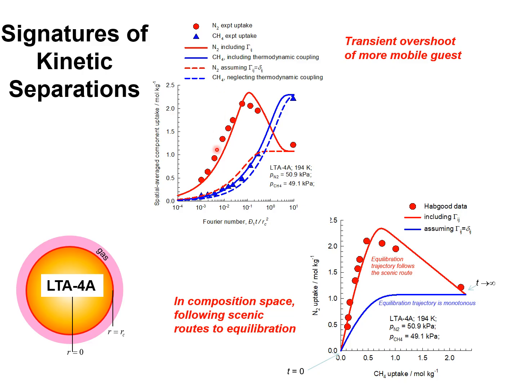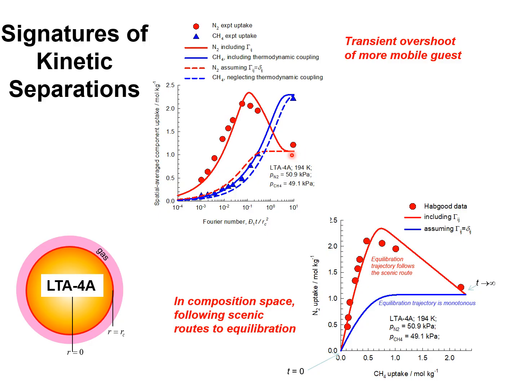We note that there is good agreement between the experimental data of Habgood and the simulations in which gamma ij is properly accounted for. On the other hand, if gamma ij is taken to be the Kronecker delta, in other words, the thermodynamic correction factor matrix is taken to be the identity matrix, no transient overshoot for nitrogen is anticipated, as shown by the dashed red lines here.